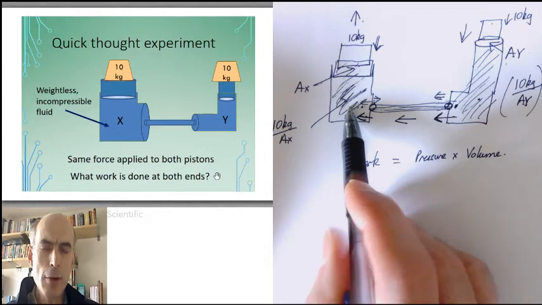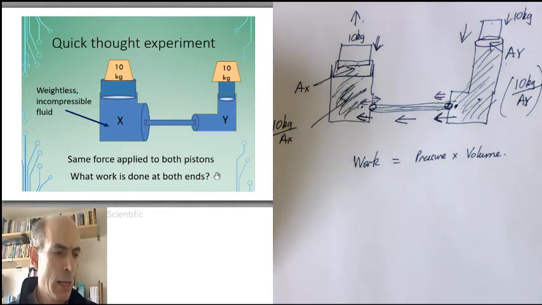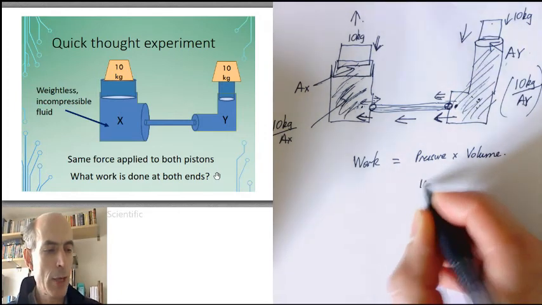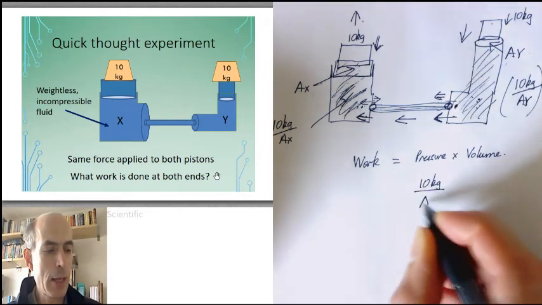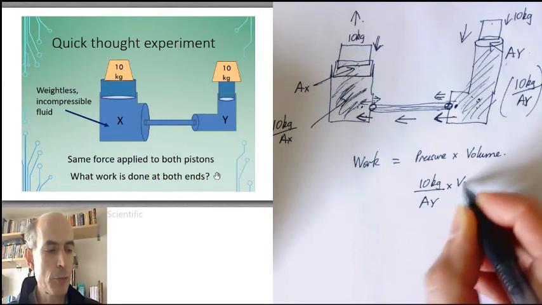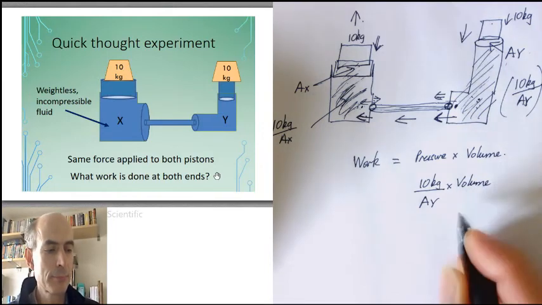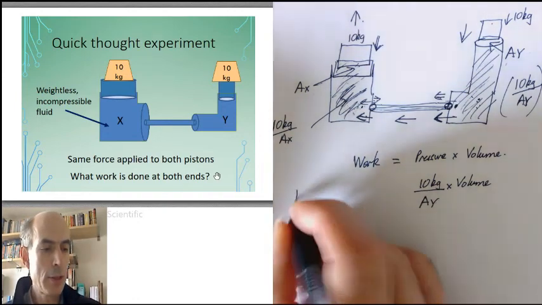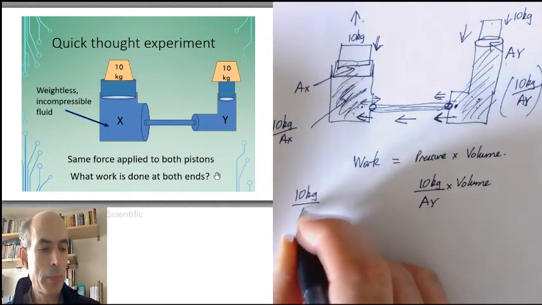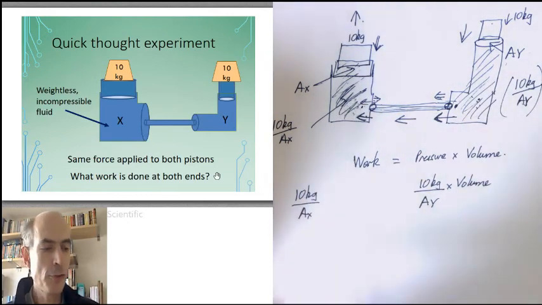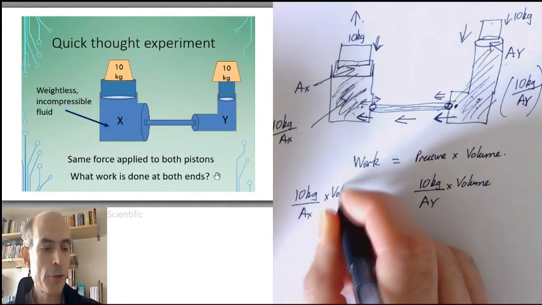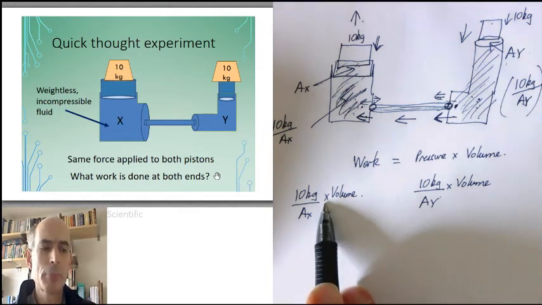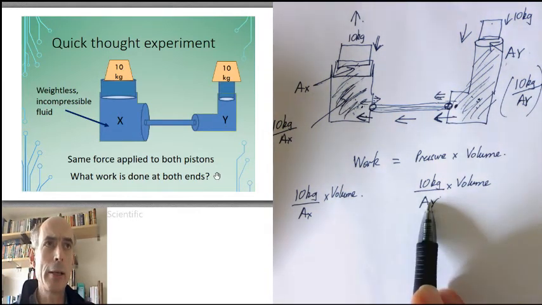Except energy is conserved. The work being done by this cylinder is 10 kilograms divided by AY, that's the pressure, times the volume leaving. The energy being gained by this cylinder is 10 kilograms divided by AX, the pressure in this cylinder, times the volume that's entering. But these are not the same, because AX is not equal to AY.